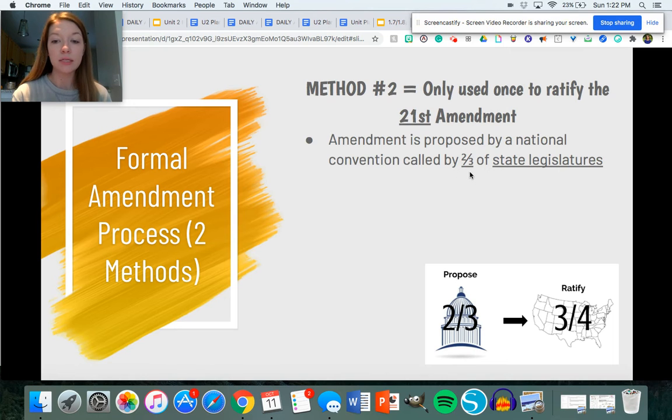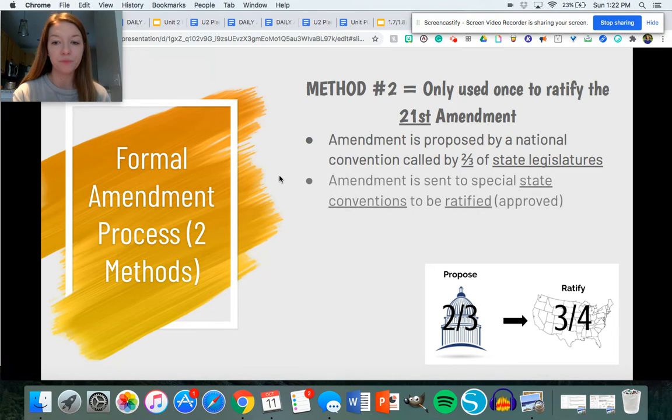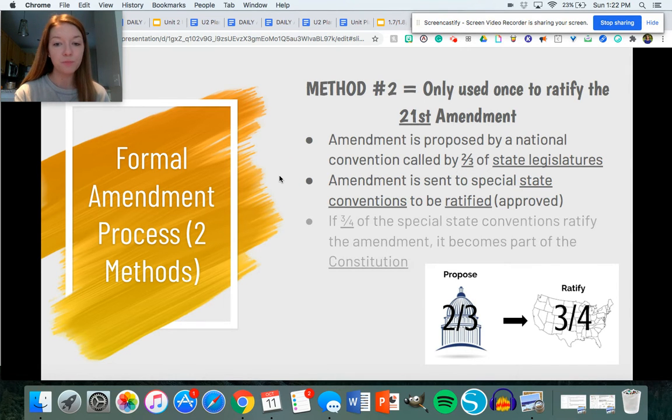But again, see that it's still that 2/3 number. The amendment would then be sent to special state conventions to be ratified or approved. And just like in the other method, 3/4 for ratification, but instead of the state legislatures, it would be 3/4 of special state conventions that ratify the amendment. Like I said, this was only used once, to ratify the 21st Amendment. It really doesn't happen all too often.